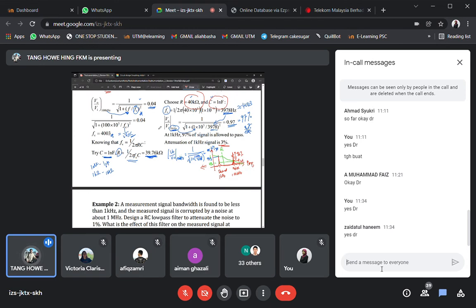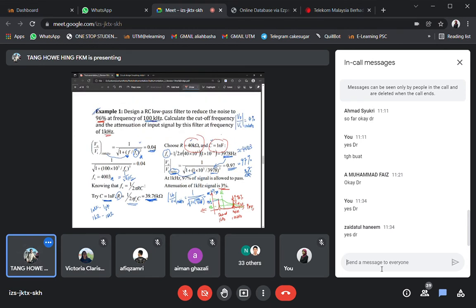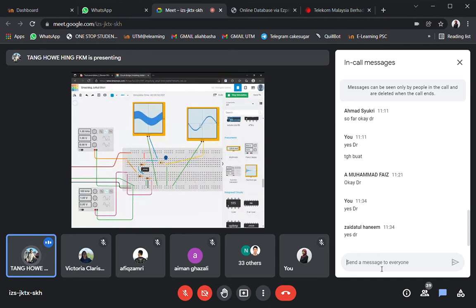Okay, so according to the design, only 4% is allowed to go through. So basically, you can see that this amplitude is 4%. All right, so 4% from before and after filters. After filters, only 4% of this amplitude. So high frequency noise has already been suppressed. So far so good, everyone?